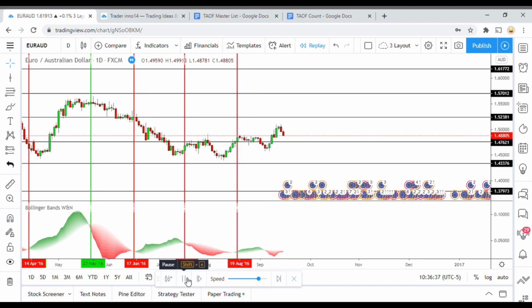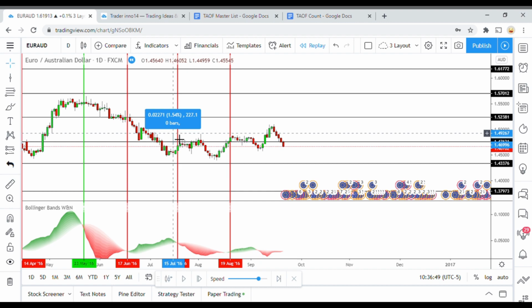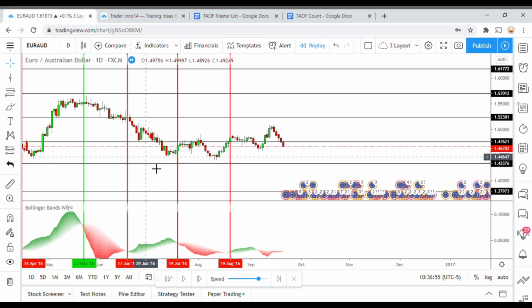And there, it finally pushed its way to the upside. I mean, over here we would have likely gotten to at least first take profit if we were using the normal take profit and stop loss.